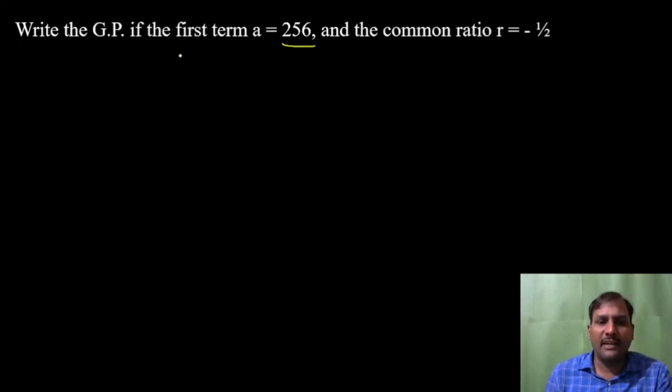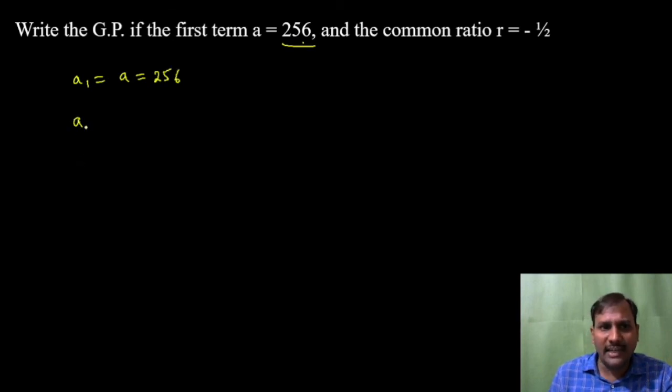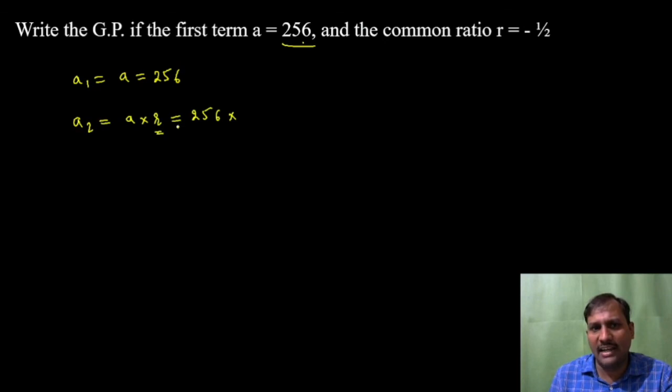Write the GP if the first term is 256 and the common ratio R is equal to minus 1 by 2. It is similar to the previous problem. Given that the first term A is equal to 256. To get the next term A2, we have to multiply the first term by the common ratio. A into R. That is 256 into what is R here? Minus 1 by 2.